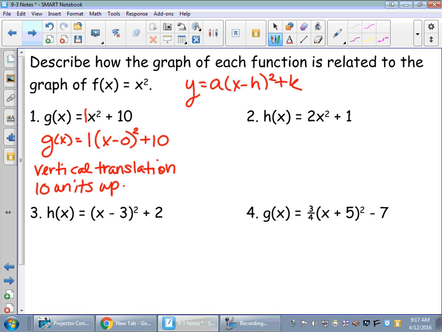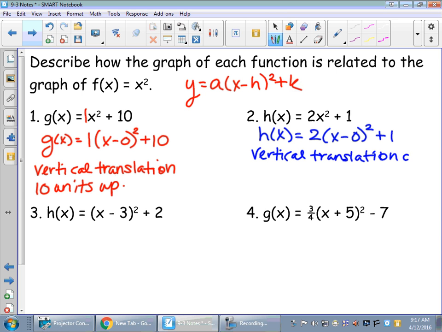In number 2, we still have that squared term. I'm going to rewrite it though. We have an H value, a +2. I'm going to expand that x squared so I can see the H value and then the k value. So in terms of the parent function, this graph took the parent function and there's a vertical translation of 1 unit up.